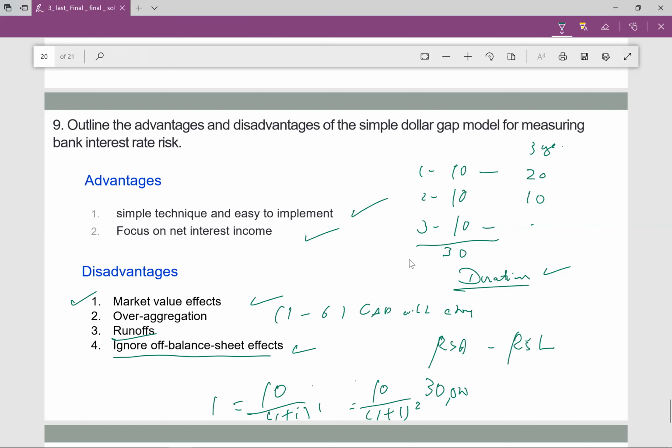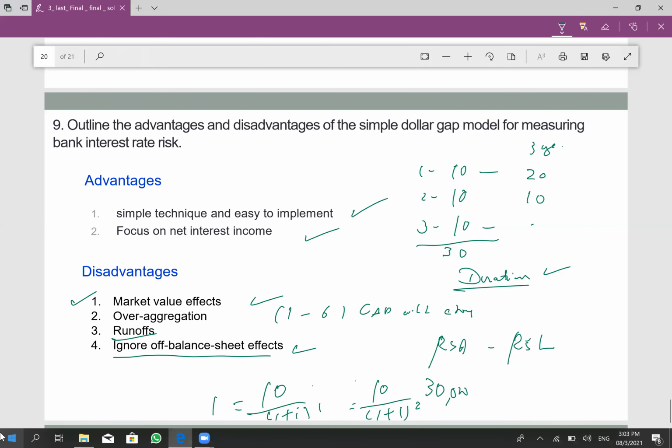And let me guess the other disadvantage, over aggregation. Yeah. It only takes into consideration the interval, right? Like 1 to 6 months, and it disregards the months before and starts from 0.